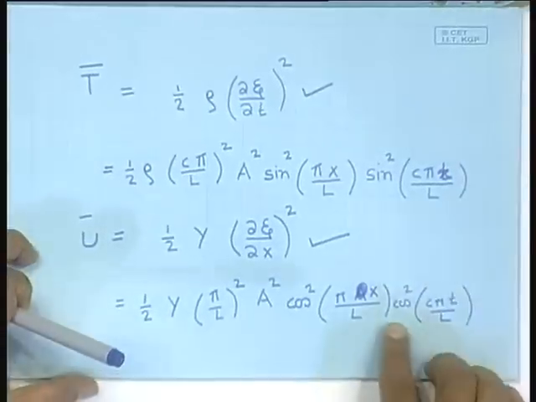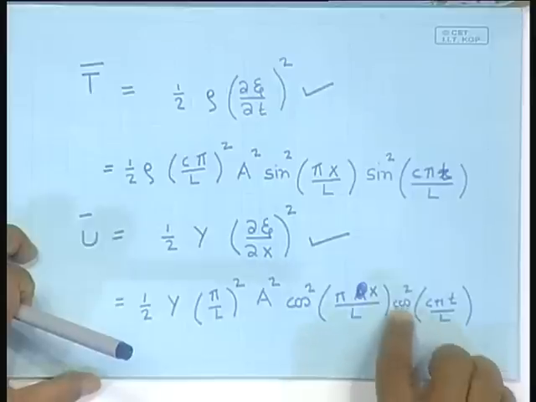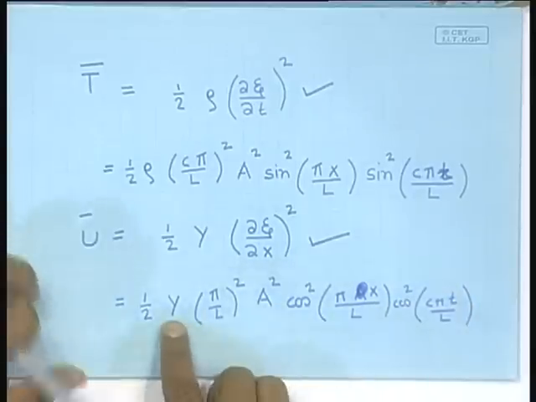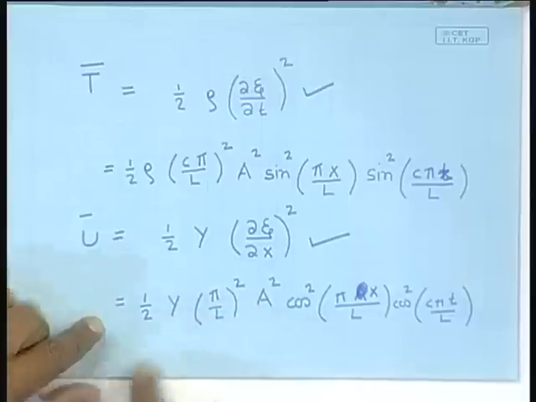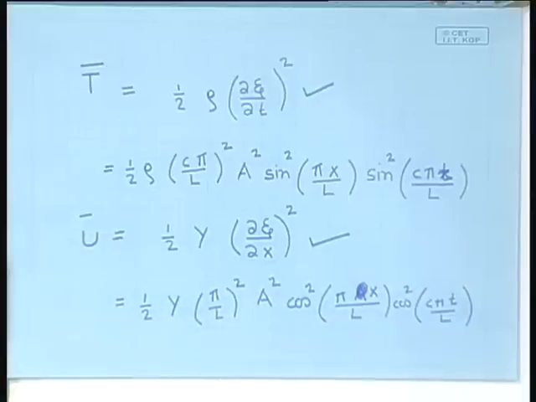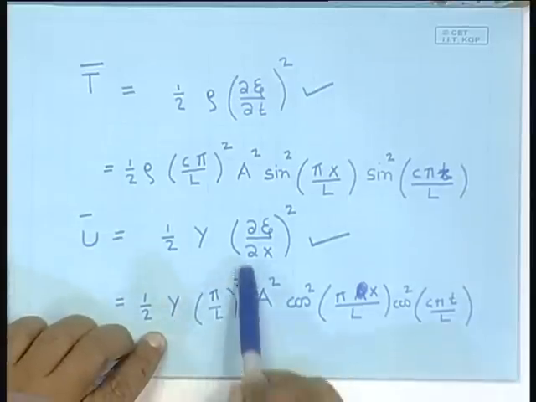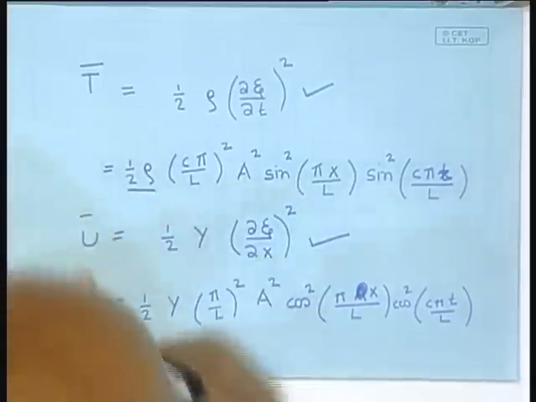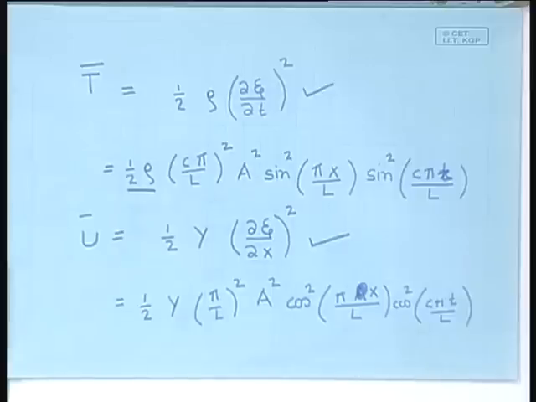So, the potential energy, this term is going to be 1 at t equal to 0, and the potential energy per unit volume is given by these constant factors. Now, there is a point which I should make here, that the constant factors here and the constant factors here are exactly the same. This is a point which I should have made earlier, let me make it now.